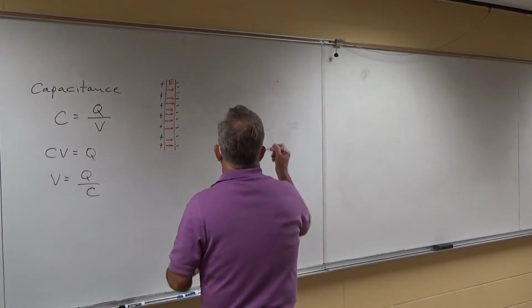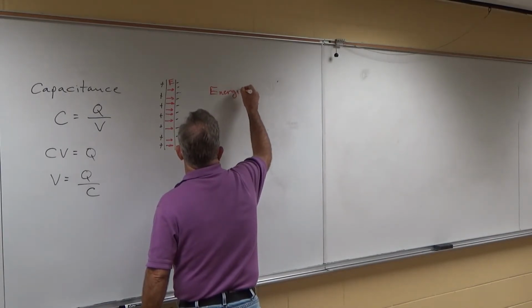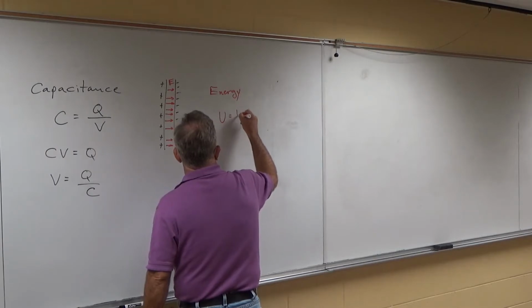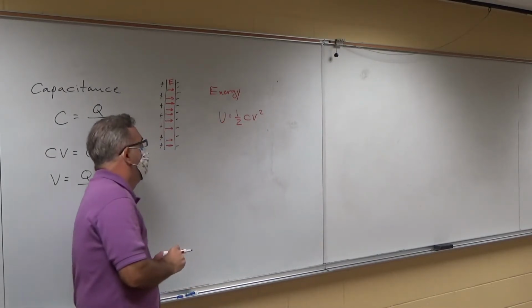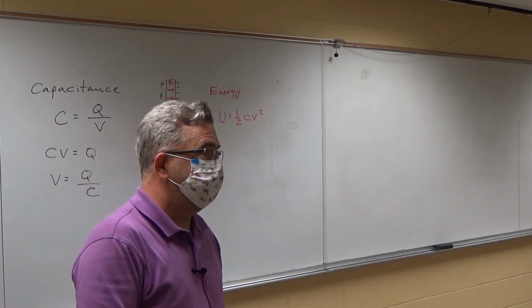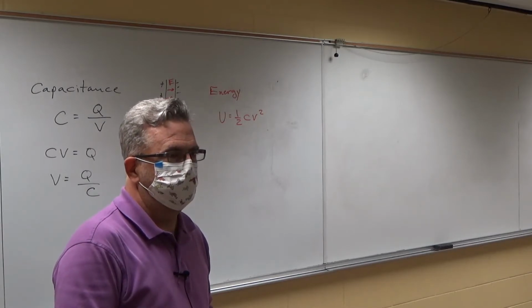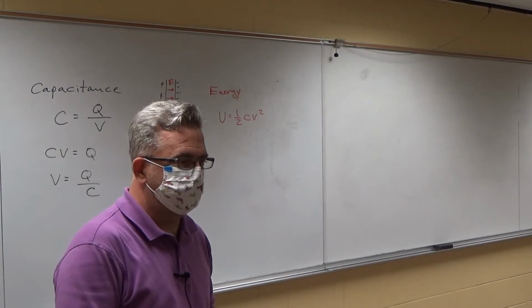So the energy stored in a capacitor, I'm not going to derive this. U is equal to 1/2 CV squared. Okay, it's that simple. It's like kinetic energy. It has the same sort of form, only that's not velocity and that's not mass.